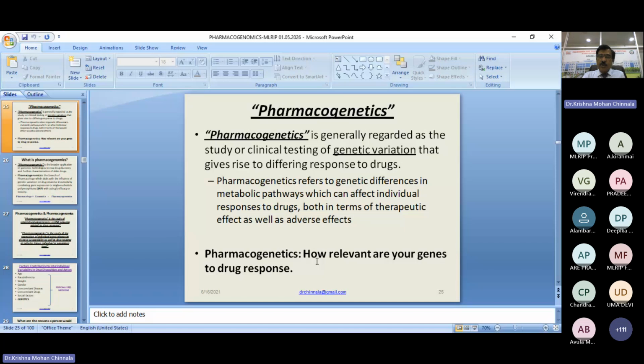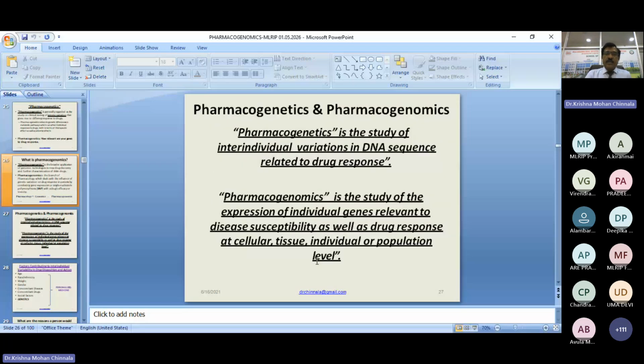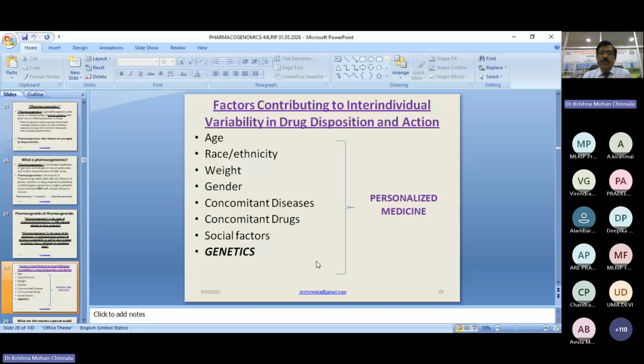Pharmacogenetics, how relevant your genes are to drug response, is nothing but pharmacogenetics. Pharmacology plus genomics is called pharmacogenomics, right? So factors contributing to inter-individual variability in drug disposition and action, all these we studied in pharmacokinetics.